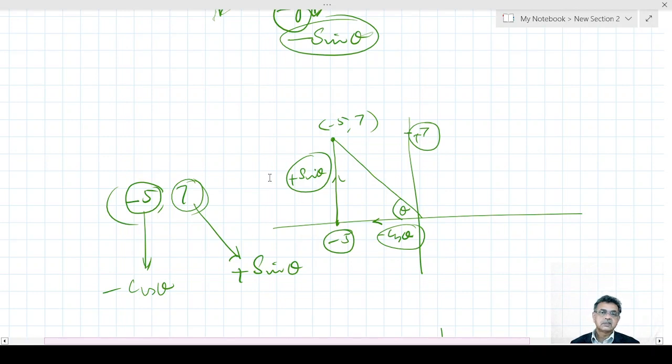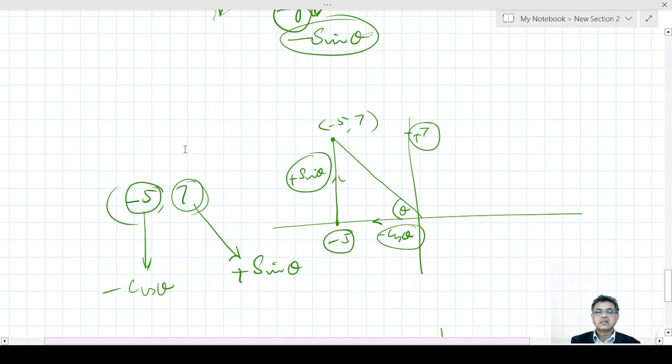Where y is positive, sin is positive. When y is negative, sin is negative. This way you can relate them without remembering the first quadrant, second quadrant, third and fourth, and this and that. So in this way you can understand.